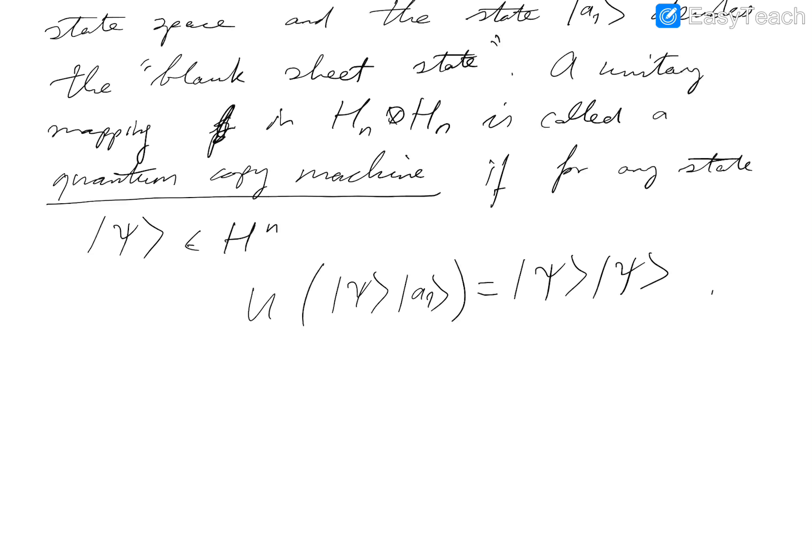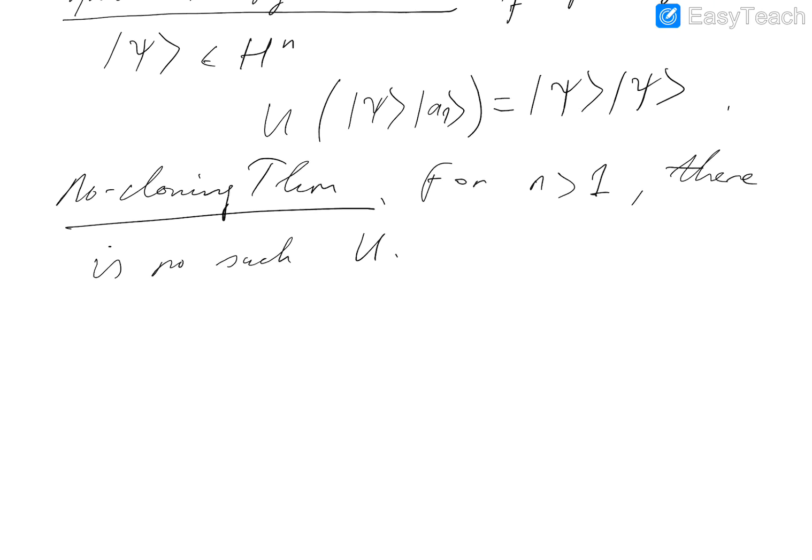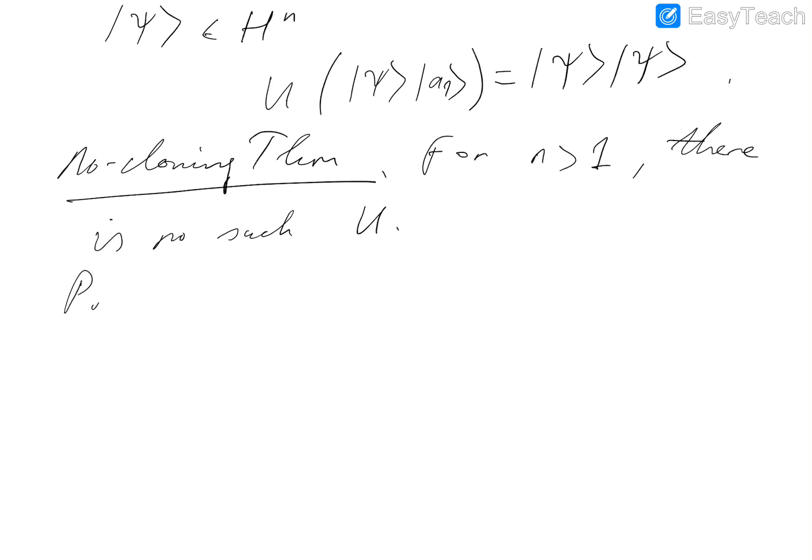Okay, so the no-cloning theorem states that for n larger than 1, there is no quantum copy machine. There is no such U. Okay, so let's shortly prove this.